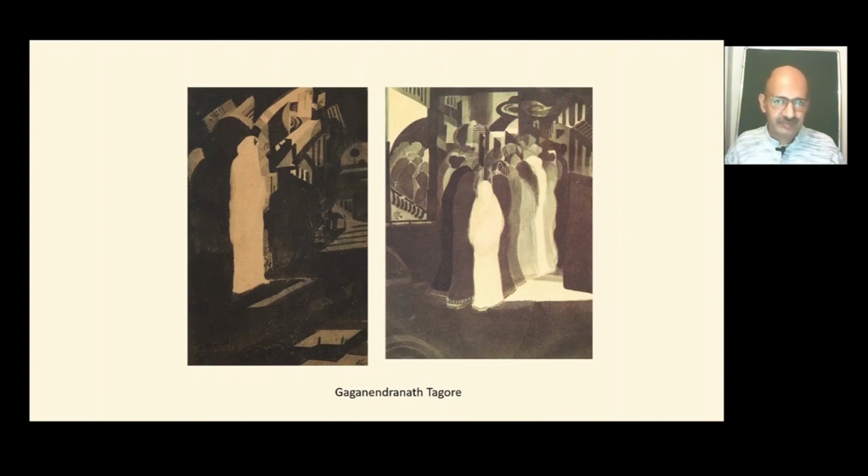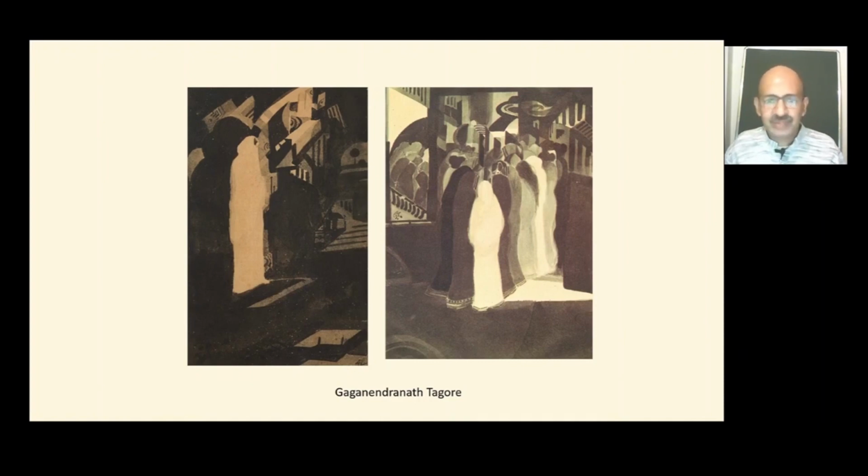And then he also did paintings like this, where evidently he was using a particular modern Western art technique or method, or even you may call it an ideology, stylistic ideology called Cubism. We know that Cubism was invented by famous artist Pablo Picasso and his friend artist George Braque.